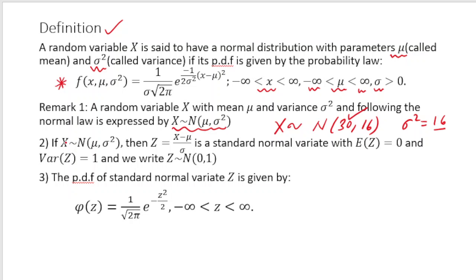So this is how we represent that x is following the normal distribution with these two parameters. Second important thing is that if x follows the normal distribution with parameters mu and sigma square, we can define something known as a standard normal variate, and this is the most important thing because our focus will be more on this variable. So a standard normal variate z is defined as (x minus mu) by sigma, right? And expectation of z in this case will be equal to 0 and variance of z is equal to 1.